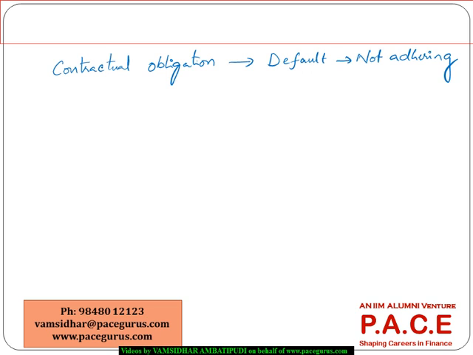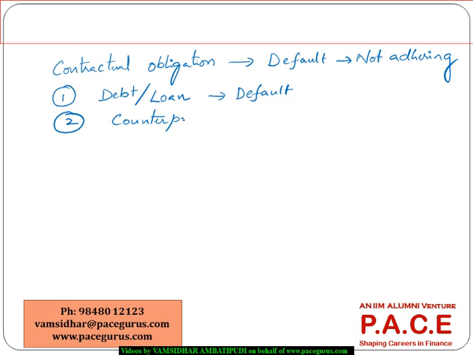So as we have discussed earlier, whenever we talk about the credit risk, one is with respect to loan or debt, inability to pay the interest or the principal as per the contractual obligations. That is the default that is associated with the debt and the loan payments. And the second major aspect is counterparty risk, which could be involved with respect to derivatives transactions, where the value is positive but the other party fails to make the payment, resulting in a loss for the current party.